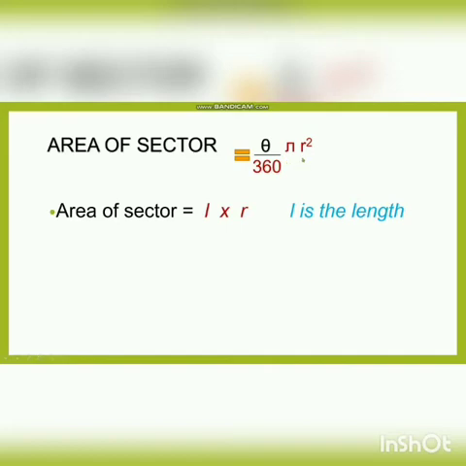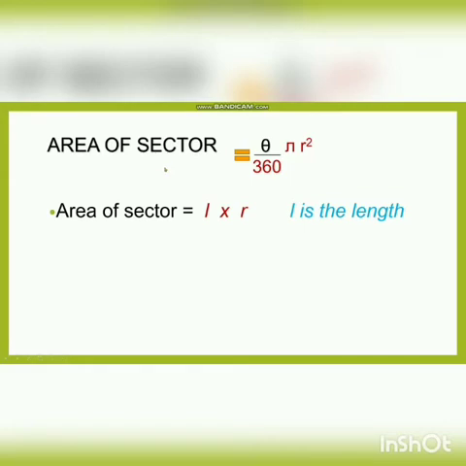Here we multiply the area of a circle with theta upon 360. Theta is the angle at the center and r is the radius of this circle. So this is the area of a minor sector.